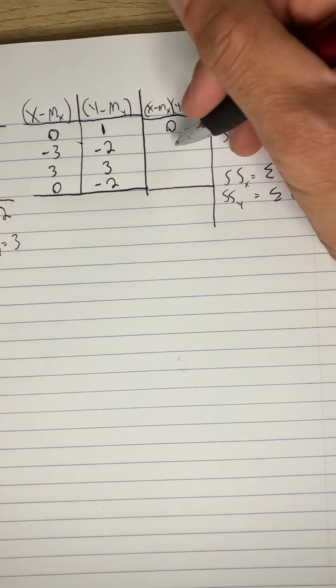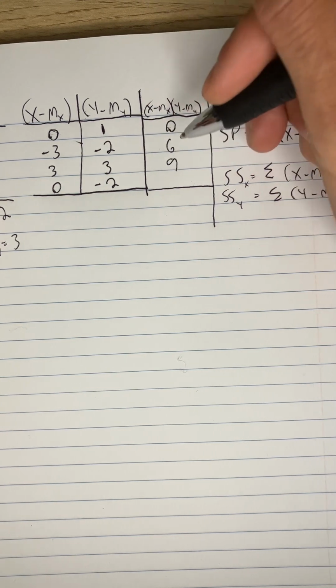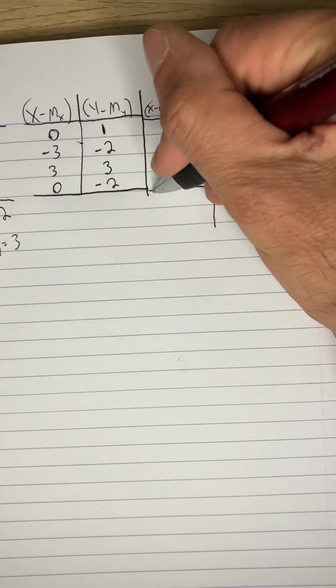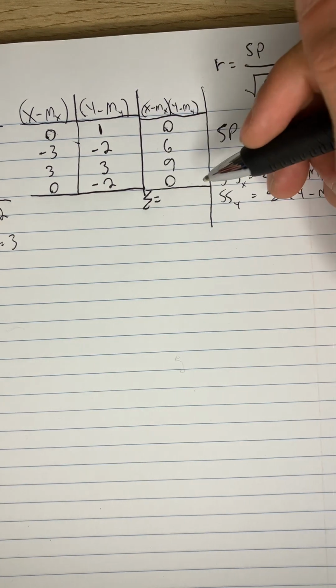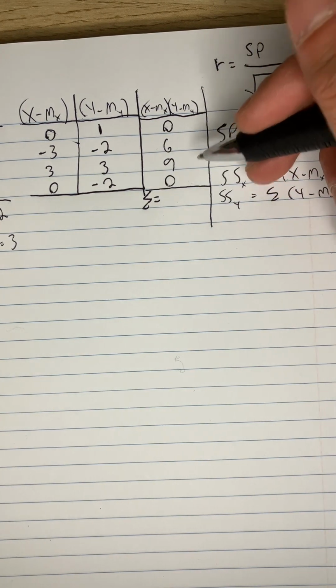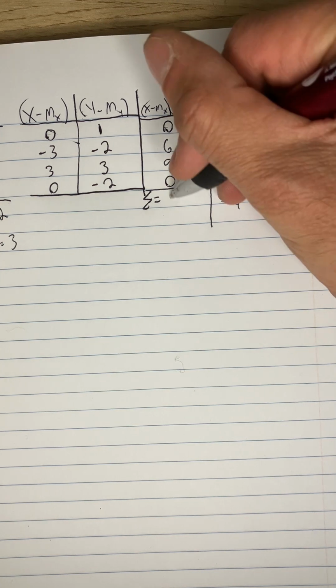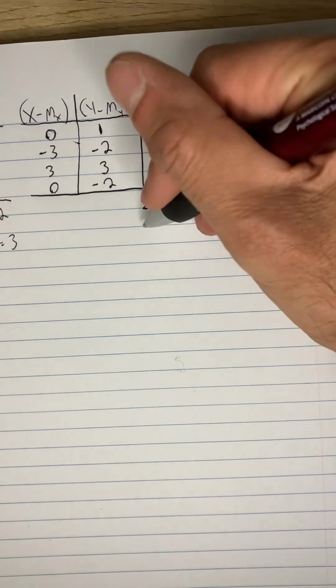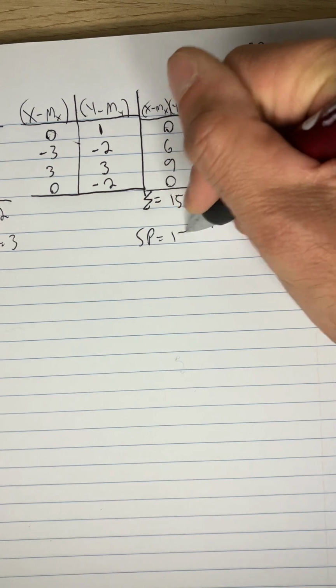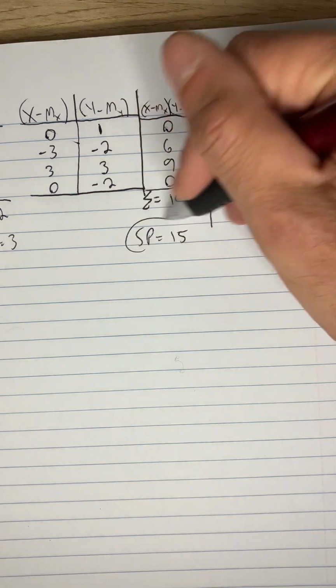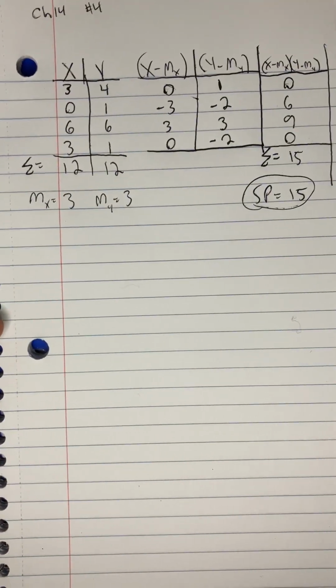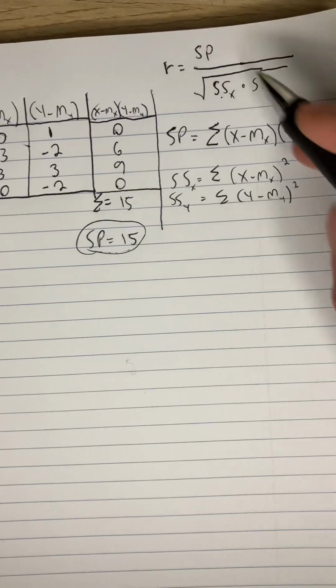Negative 3 times negative 2 is 6. 3 times 3 is 9, and 0, right? So the sum of these is the sum of the products, right? So 9 and 6 is 15. Okay, so the sum of products equals 15. So now we have the top component.